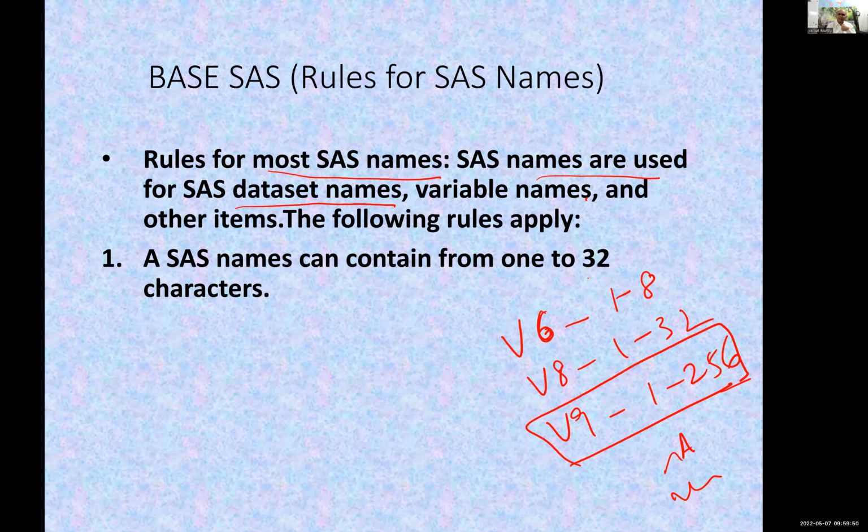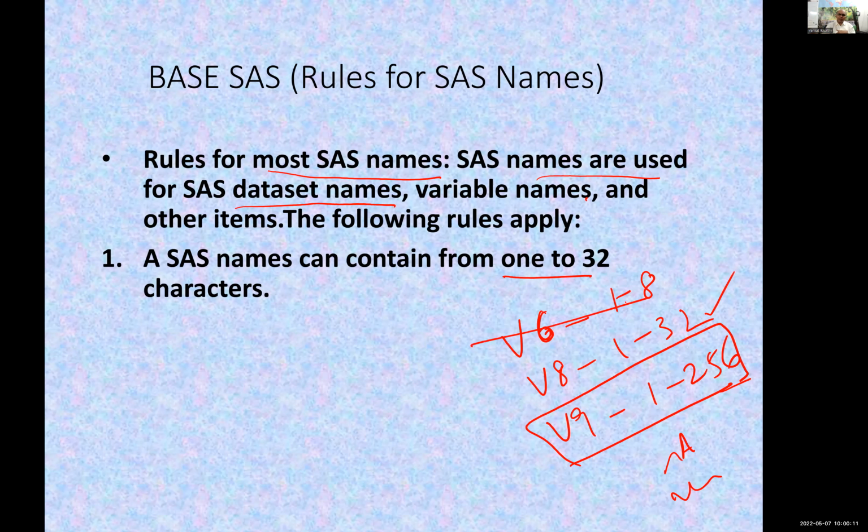Why did I not change it? If I change it, I can explain version 6 has this much, version 8 this much, version 9 this much. That is the reason. Sometimes tomorrow when you go to work, you will have a lot of sample code that is probably in version 8, and you need to convert that into version 9.